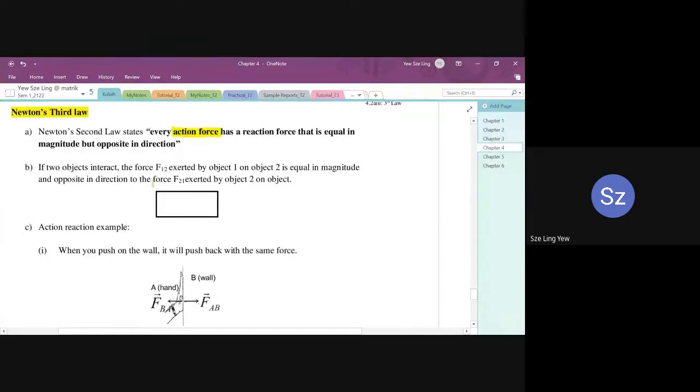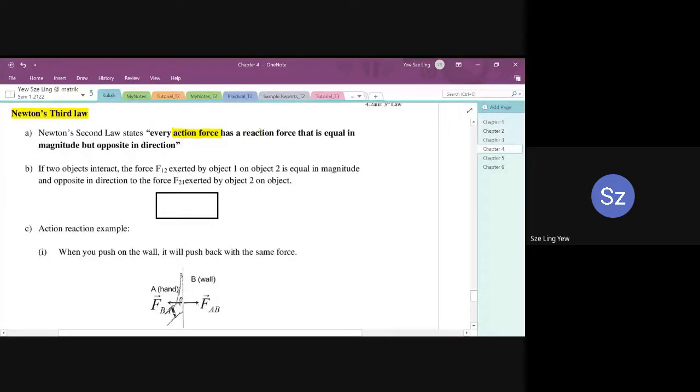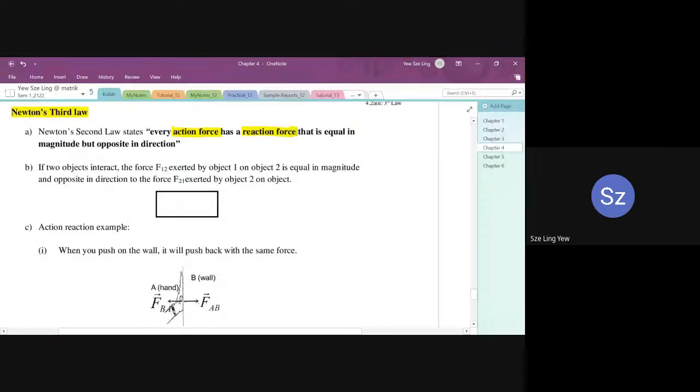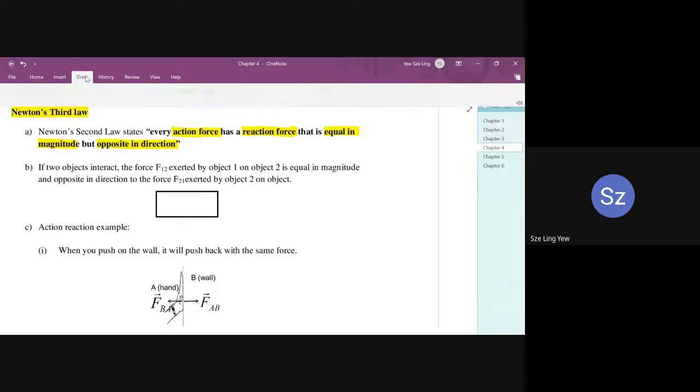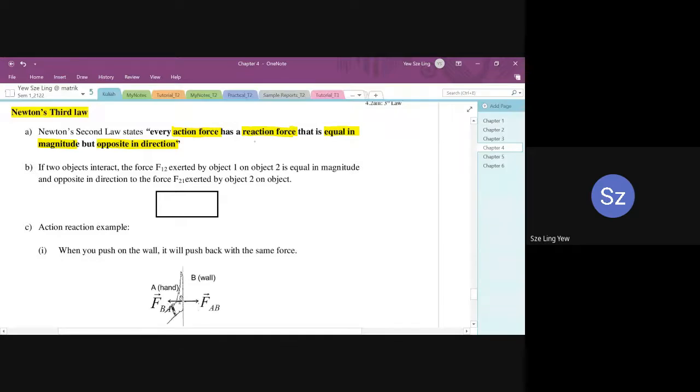Every action force must have a reaction force that is equal in magnitude but opposite in direction. These four keywords, you must mention in your explanation. Which one is your action force? Which one is the reaction force? The forces acting on them are equal in magnitude and opposite in direction.